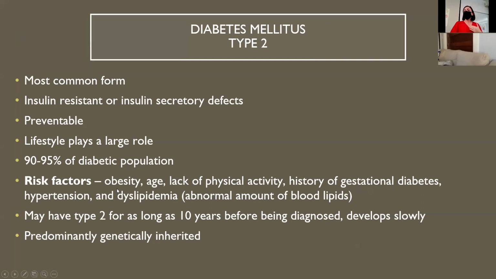Risk factors. So these are the risk factors. We know they're pretty well known as far as what increases a person's risk for diabetes. But somebody can be a full-blown type 2 diabetic for up to 10 years, they say in studies, without knowing.